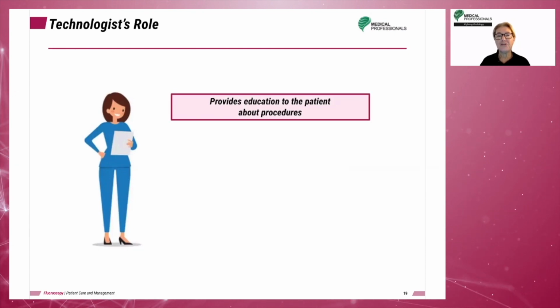The technologist's role is to provide education to the patient about procedures, including prep, exam length, side effects that they may experience, and expectations of the patient and follow-up care. The technologist is also the first person to answer questions the patient may have about the prep, the procedure, or the follow-up care.